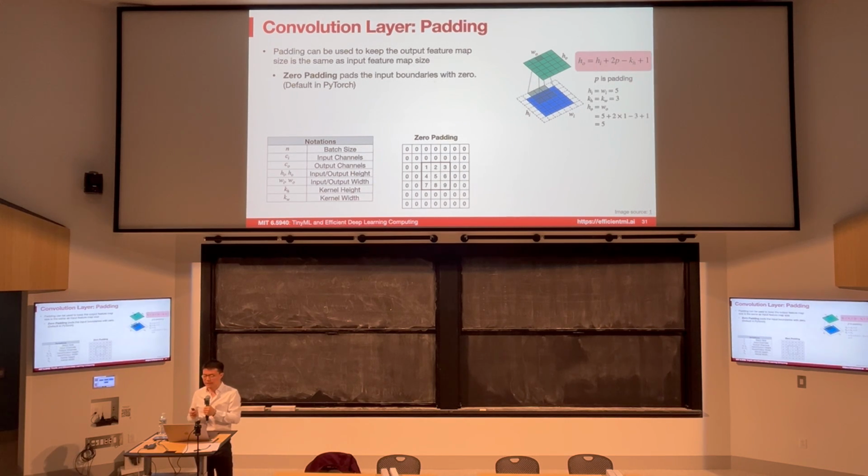For example, in this animation, the original height and width equal 5. The kernel size is 3, so the output height and width equal 5 plus 2 times 1, that is 2p, where padding equals 1. We pad 1 on each side, and minus 3 plus 1 equals 5. So the output feature map is the same as the input.